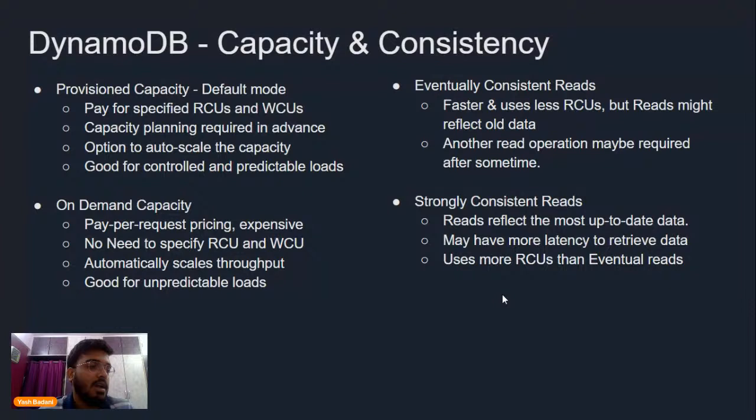Let's say I wrote some data. As I mentioned, DynamoDB has millisecond latency. Let's say writing the data took around 10 milliseconds, and I'm trying to read the same data, and that read operation finished within 5 milliseconds.